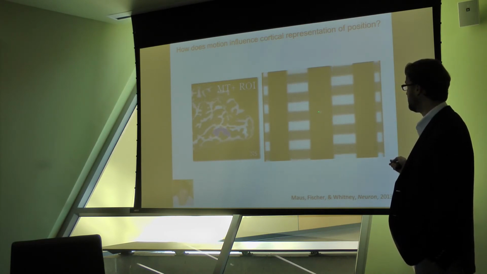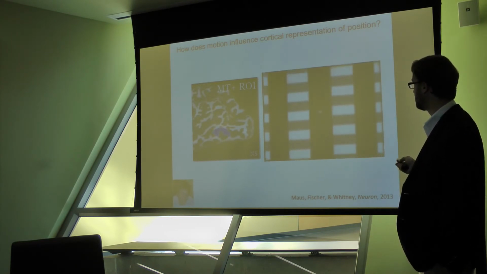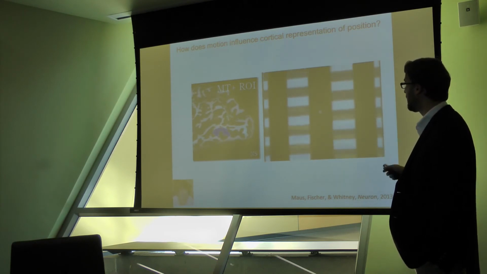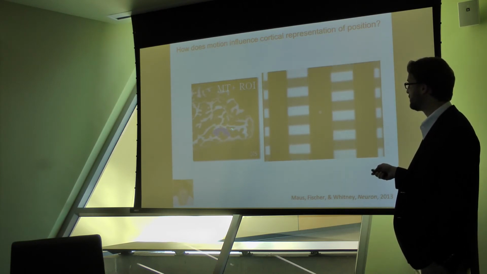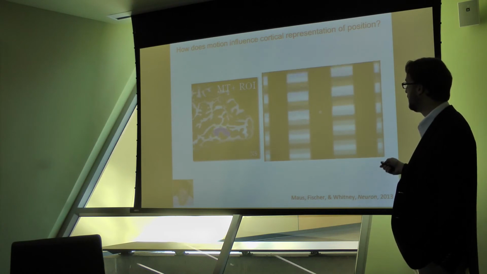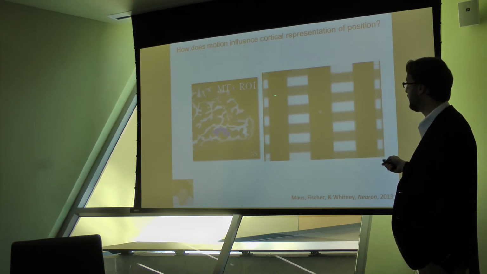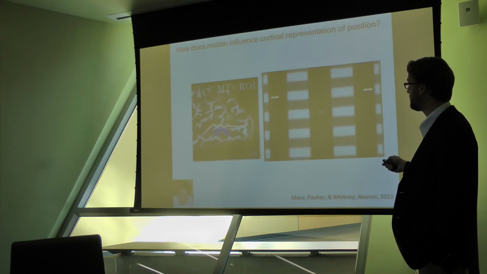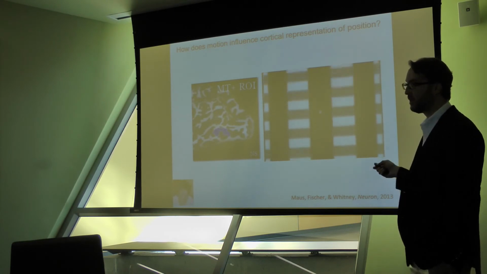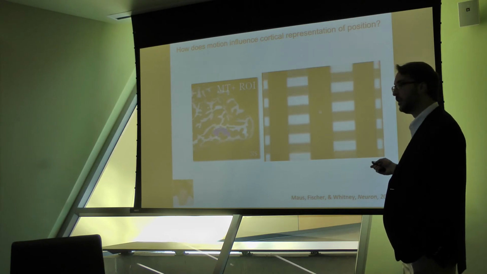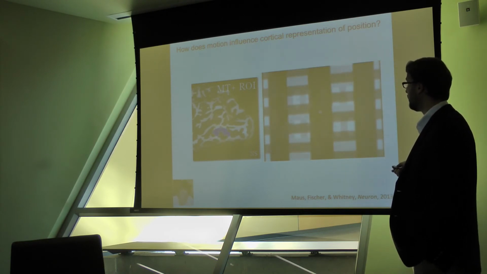So what Garrett did was present a stimulus like this, an illusion like this, that was completely balanced physically, and he measured the pattern responses, multivariate pattern analysis, to these flashes, depending on the direction of motion in the background. And what he found was the representation of that static object depends on the direction of motion in the background, and significantly so.